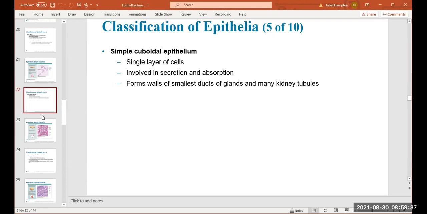Now, in addition, on my outline, I put in with stratified that it can be keratinized or non-keratinized. What does that mean? Well, keratin is a protective protein. Keratin is found in stratified squamous epithelium, which makes up our skin, and it protects you.